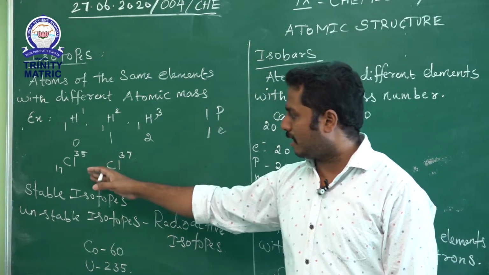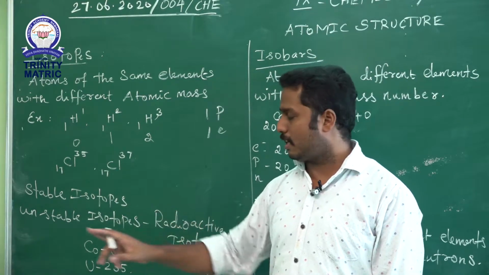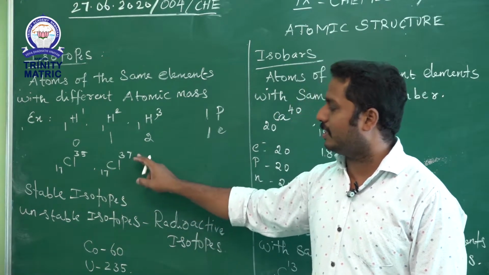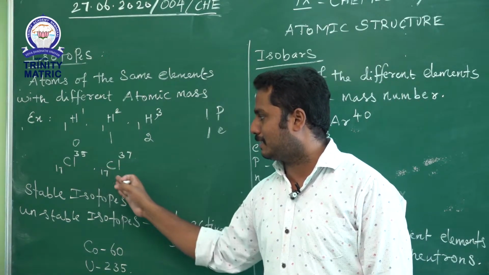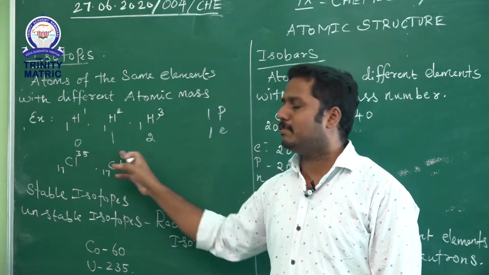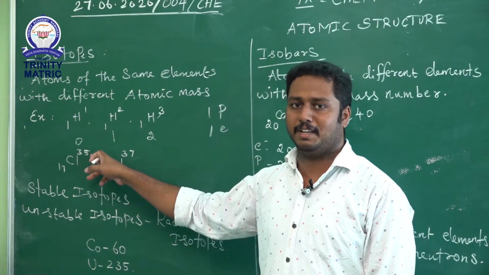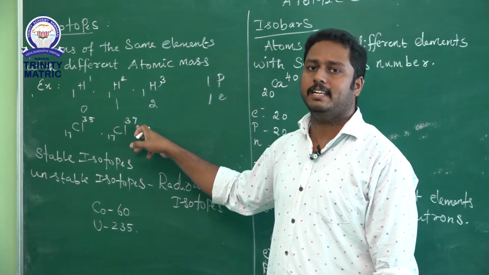I will give another example. Chlorine, Cl, is available in two different forms. One is Cl 17 and 35, and another one is Cl 17 and 37. Both are atoms of the same element because they have the same atomic number, but the mass number is different. The first has mass number 35 and the second has 37.